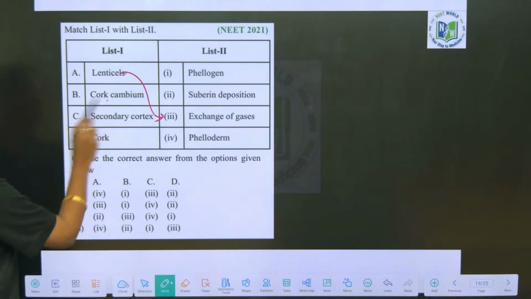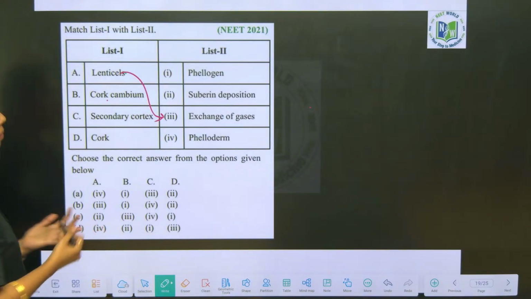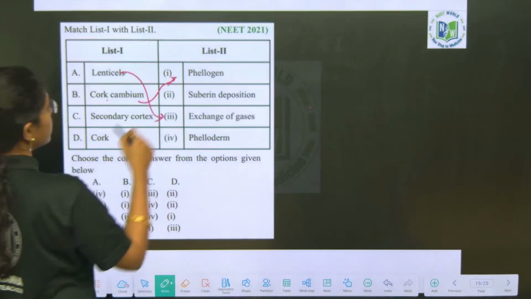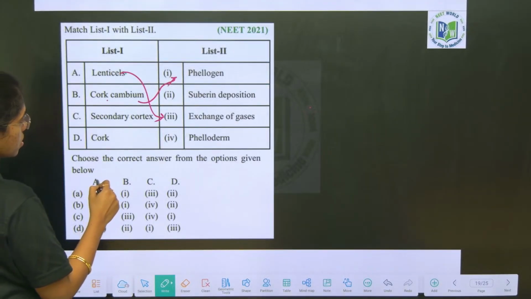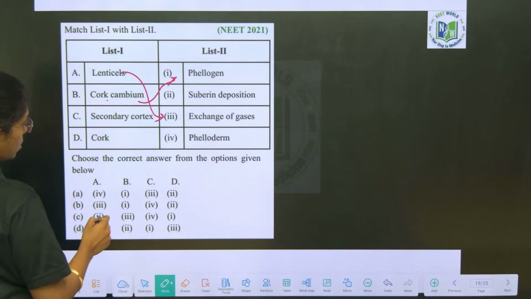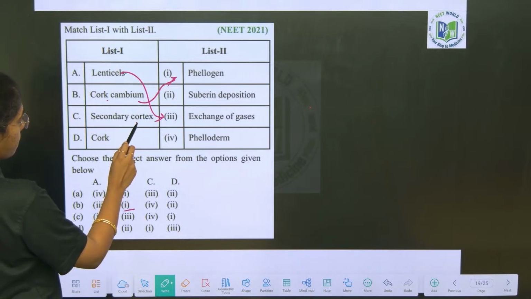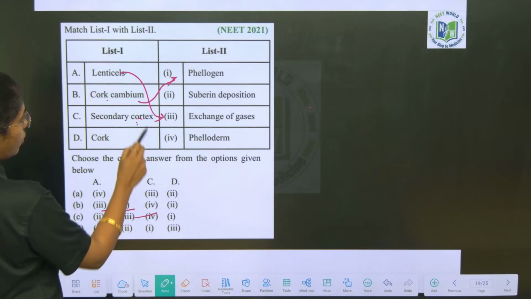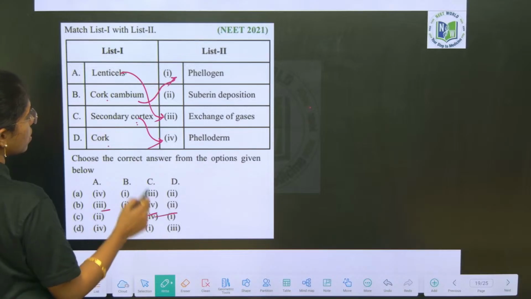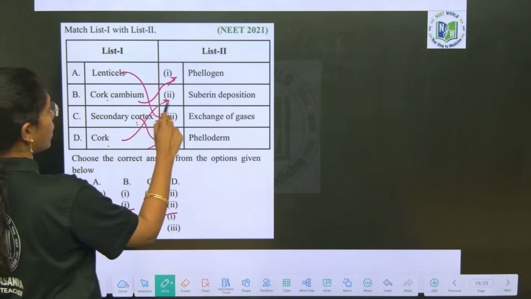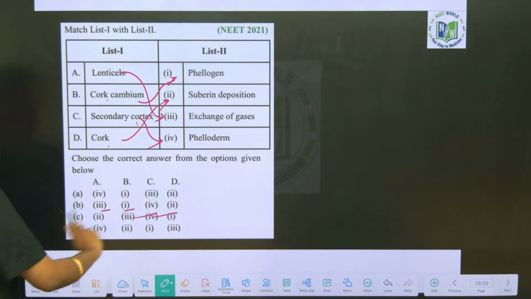Cork cambium, secondary cortex. Phylloderm. Cork has suberin depositions. So what is the right answer? That's it.